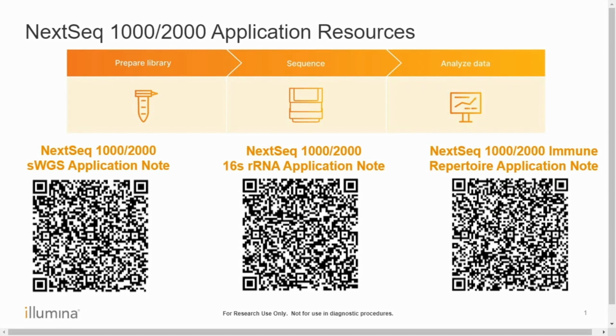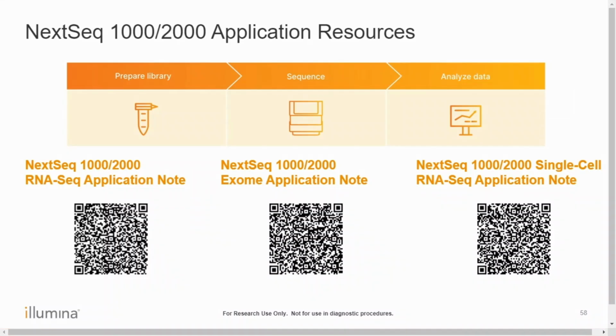Next, here are QR codes that will lead you to the resources for the methods discussed here today: small whole genome sequencing, 16S metagenomic sequencing, and immune repertoire profiling. And then here are QR codes that will lead you to resources for the 3 most common methods used on board our flagship systems: RNA sequencing, exome sequencing, and single-cell transcriptomics.